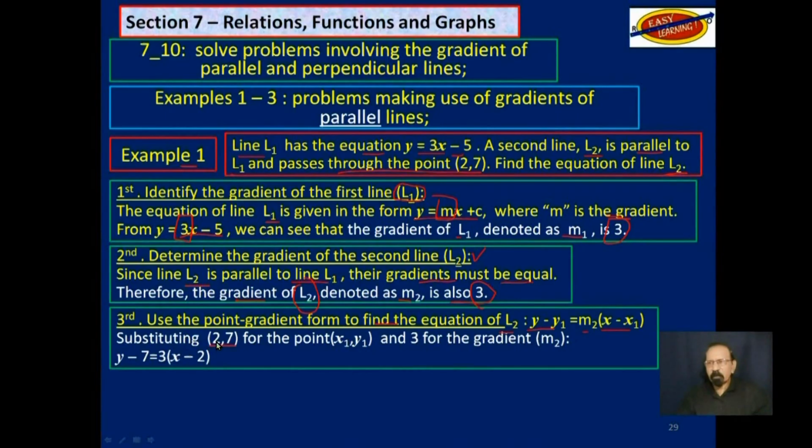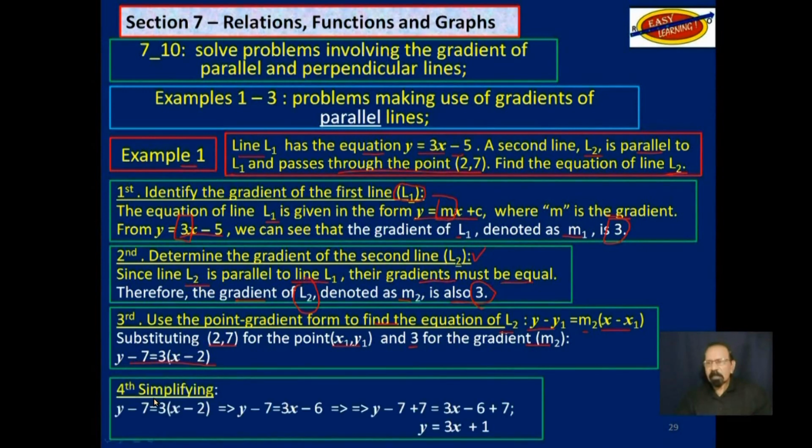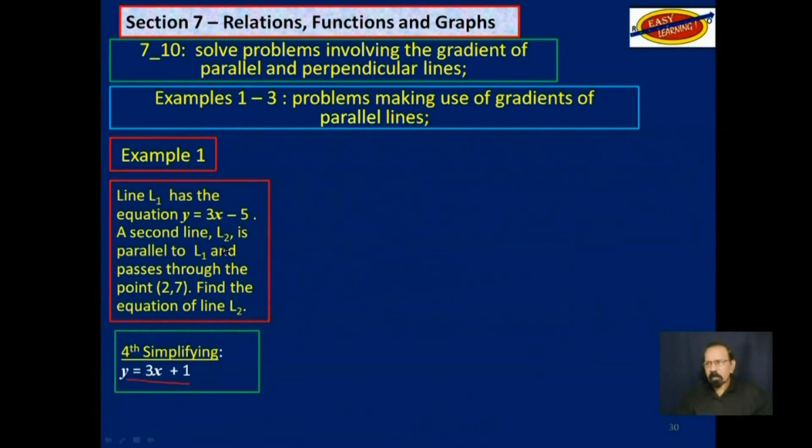Substituting 2 and 7 for the points x1 and y1 and 3 for the gradient m2, this is what we get. We will simplify that and we get y is equal to 3x plus 1. Notice the gradient is 3, which is the same gradient as y is equal to 3x minus 5. So this is the equation we found.